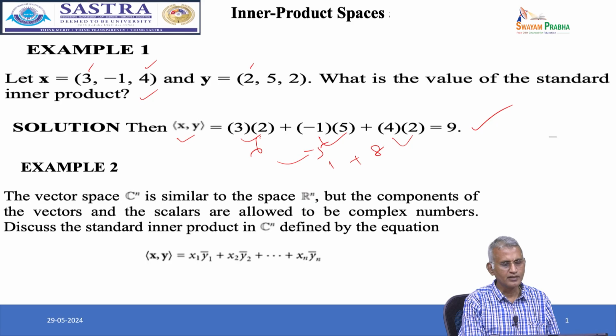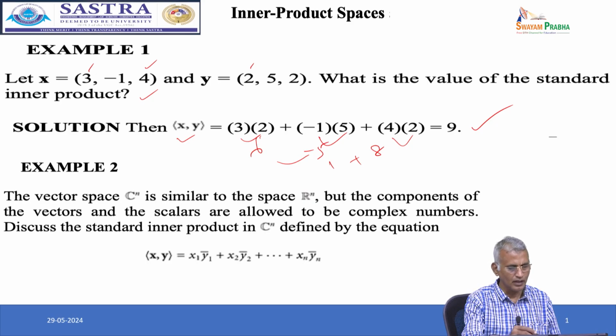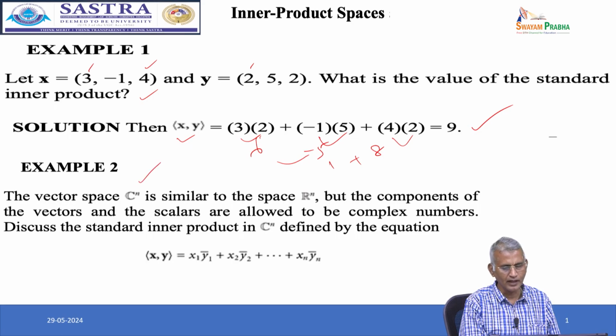Now, based on this definition, let us go to higher problems. Let us consider a vector space C^n, the complex n-tuples. It is similar to the space R^n, but the components of the vectors and scalars are allowed to be complex numbers. We discuss the standard inner product on C^n, defined by the equation inner product x comma y equal to x1 y1 bar plus x2 y2 bar and so on, xn yn bar.